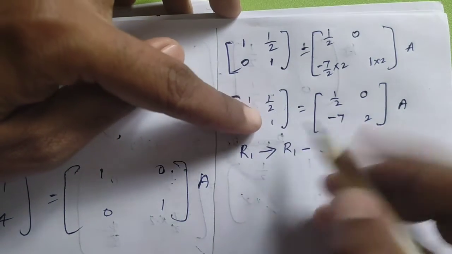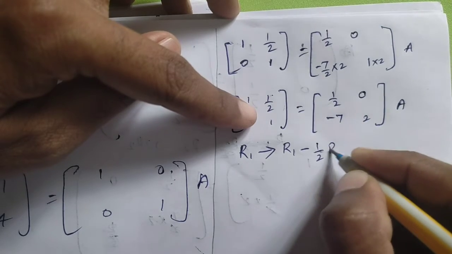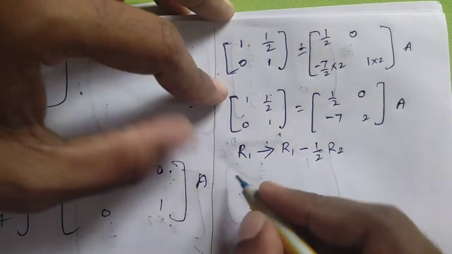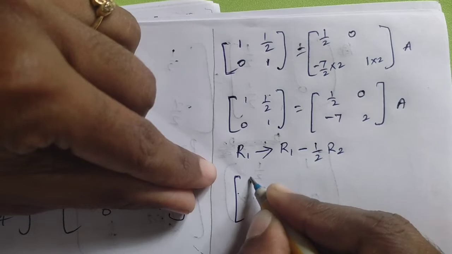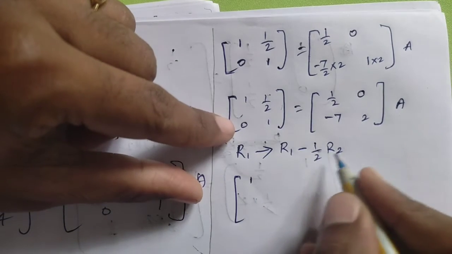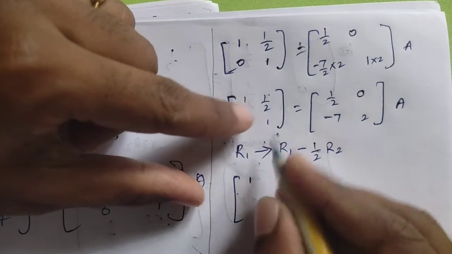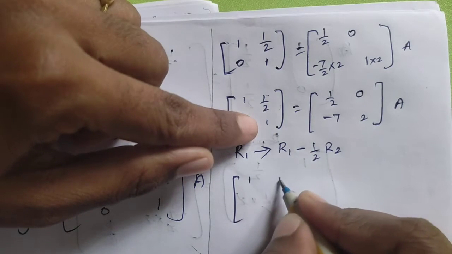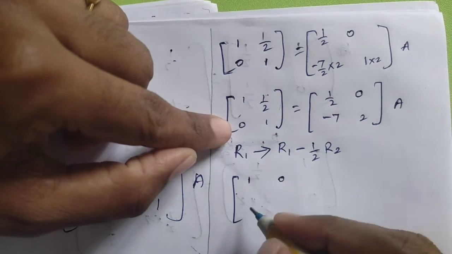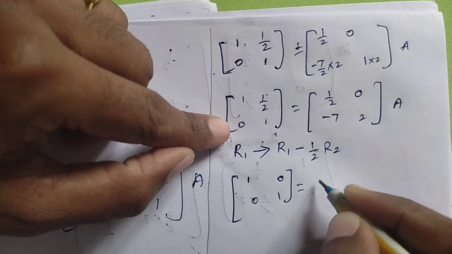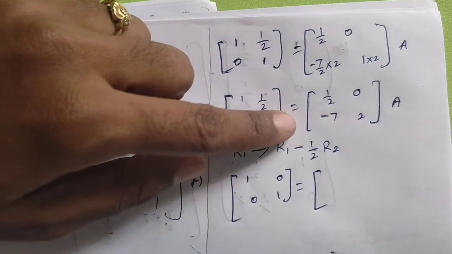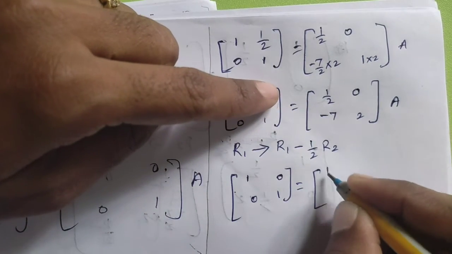So R1 minus 1 by 2 into R2. So 1 minus 1 by 2 into 0, 1. 1 by 2 minus 1 by 2, 0. R2 will be as it is. RHS, same thing should be followed.